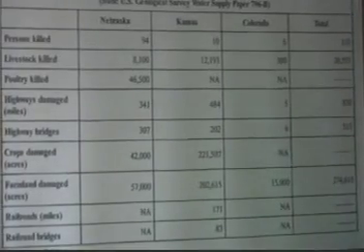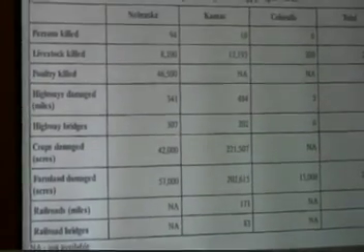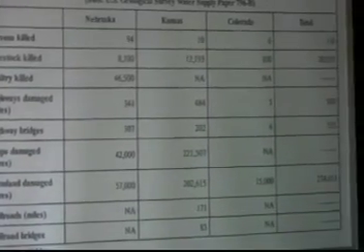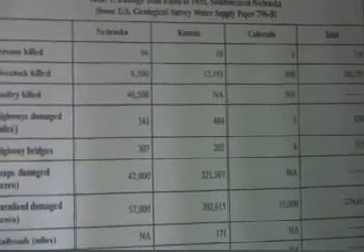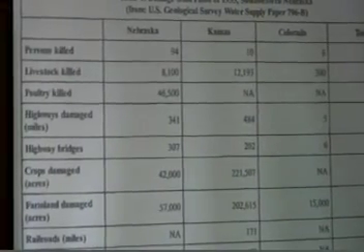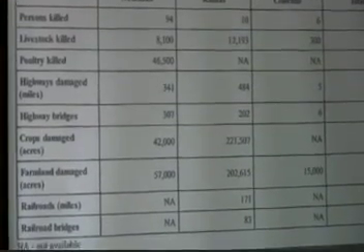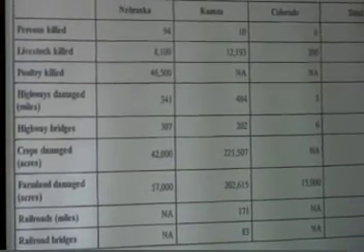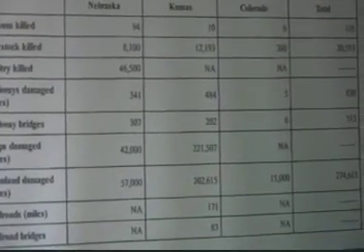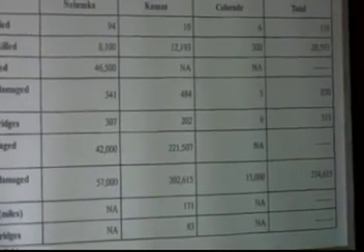You can see how many bridges there were, so you can do the math and figure out how many millions that was. With all this millions of dollars of damage, some of it even untold, because the appraised value of a farm before the flood would have been $45,000. After the flood, it was worth $450. It was just ruined. So that was all those years of profit gone, future profit gone down the drain.